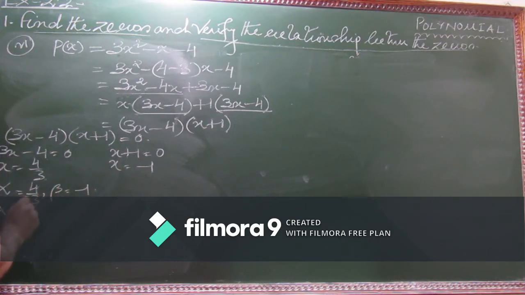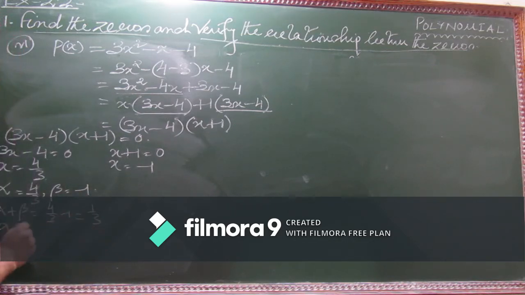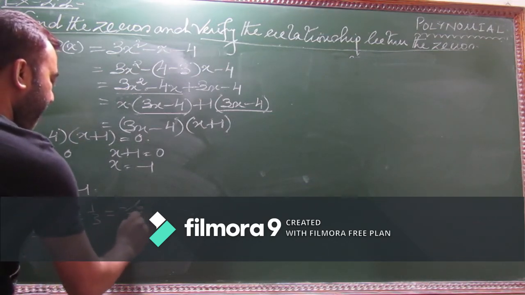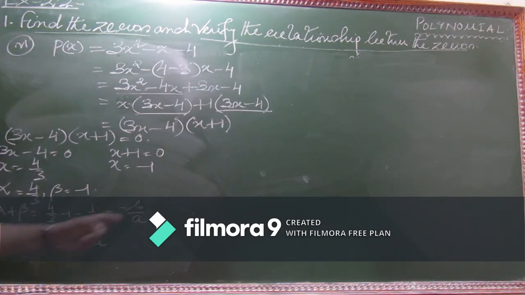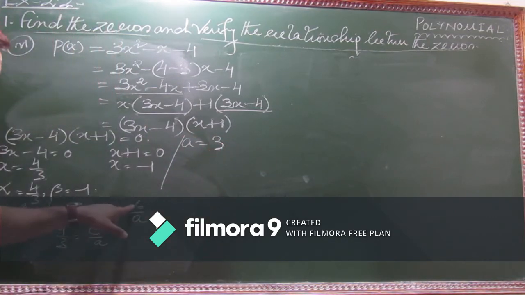Now alpha plus beta is equal to 4 by 3 minus 1, which is 1 by 3. Alpha into beta is equal to minus 4 by 3. Alpha plus beta is equal to minus b by a. This is minus b by a. This is c by a. So what is a? a is equal to 3. Who is b? Minus b is equal to 1.